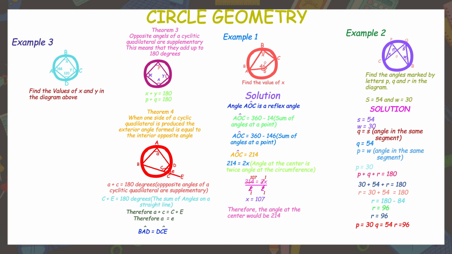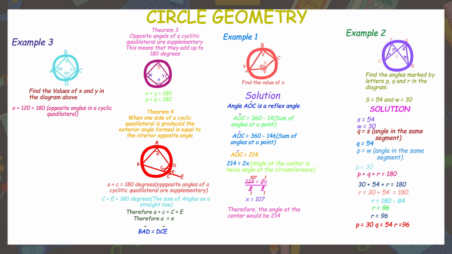And what is the theorem? The theorem says that opposite angles of a cyclic quadrilateral are supplementary. What is the meaning of supplementary? It means that they add up to 180 degrees.